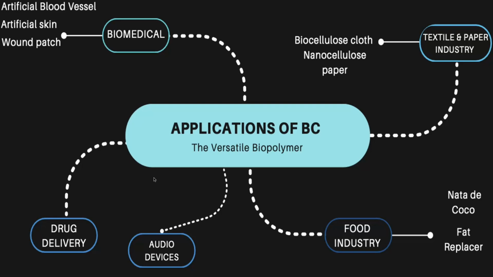Okay, there are types of application of BC as a versatile biopolymer. The first one we can see here is that it is widely used in the biomedical industry. Usually bacterial cellulose is used to make artificial blood vessels and also artificial skin, which is applicable to skin burn patients, and it can also act as a wound patch for the wound healing mechanism.